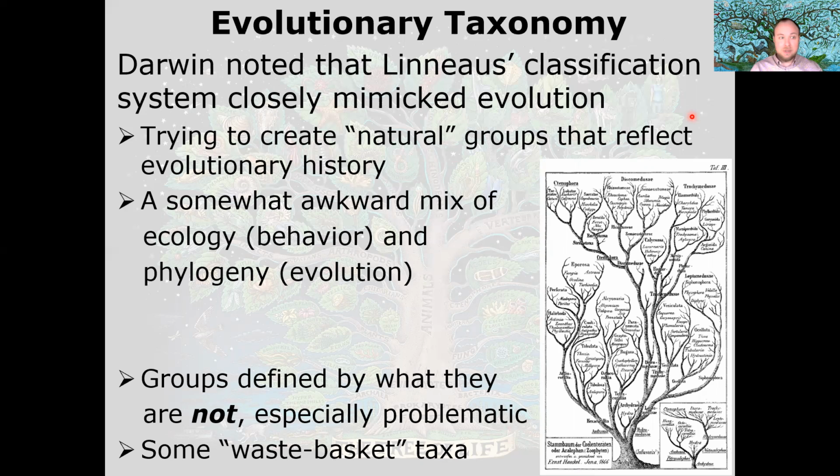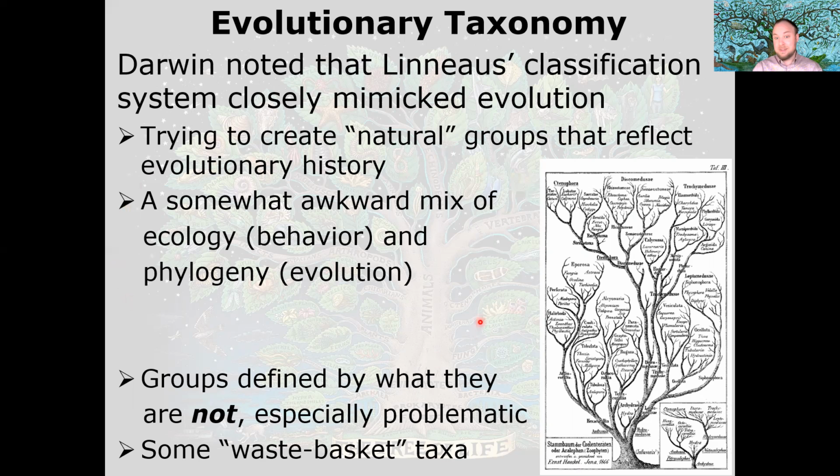It was basically creating natural groups that reflected a shared evolutionary history. Unfortunately, in a lot of ways these groups became an awkward mix of morphology, like shape and how they're constructed, ecology, how they behave, which are strongly linked with each other, and phylogeny, their evolutionary history, their ancestry.